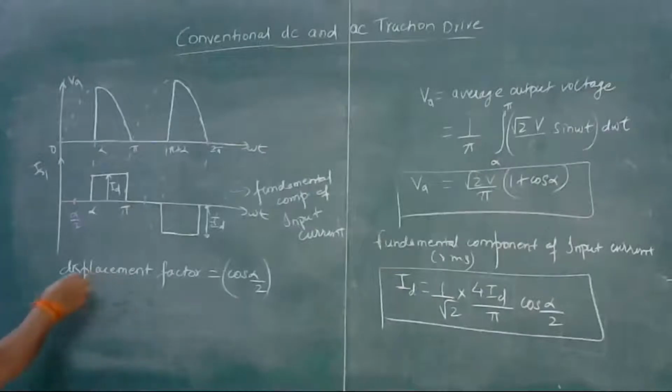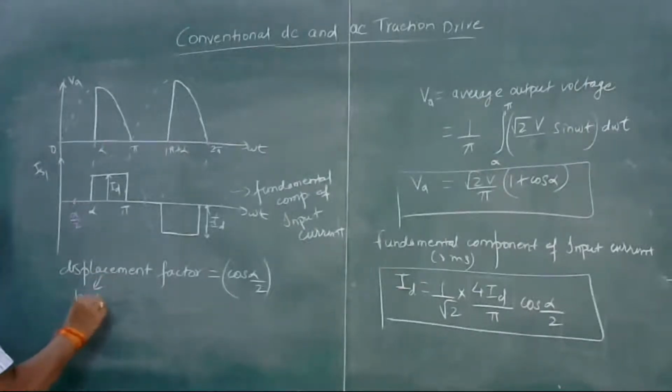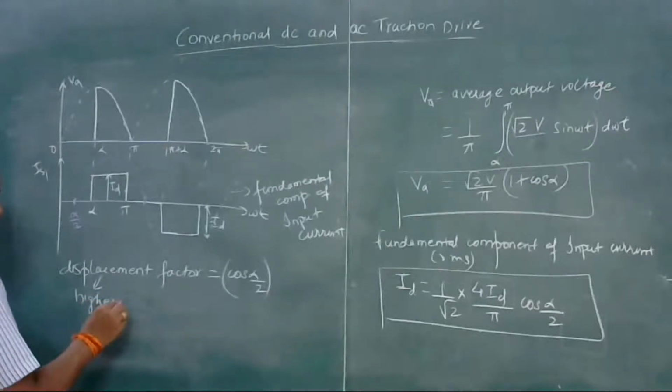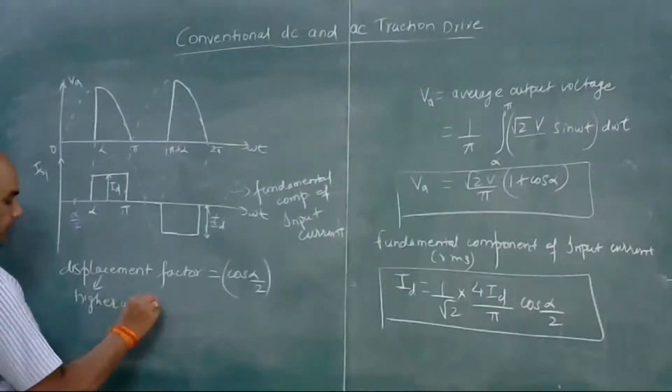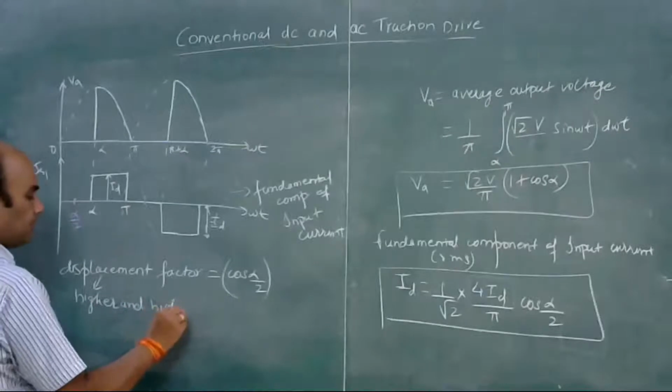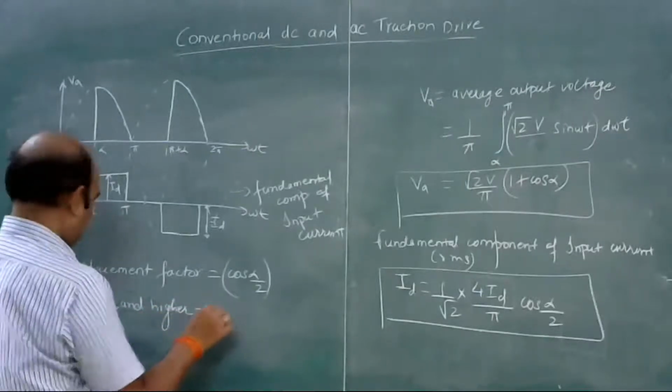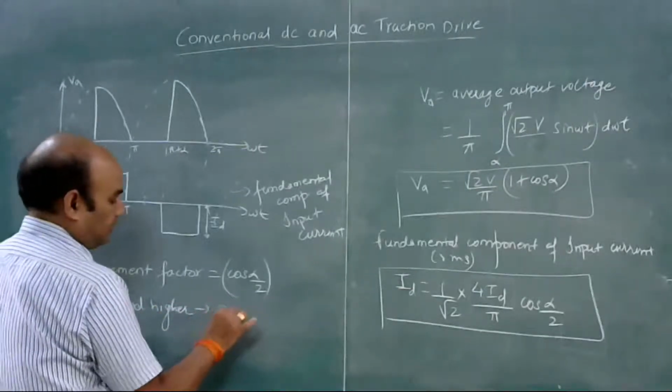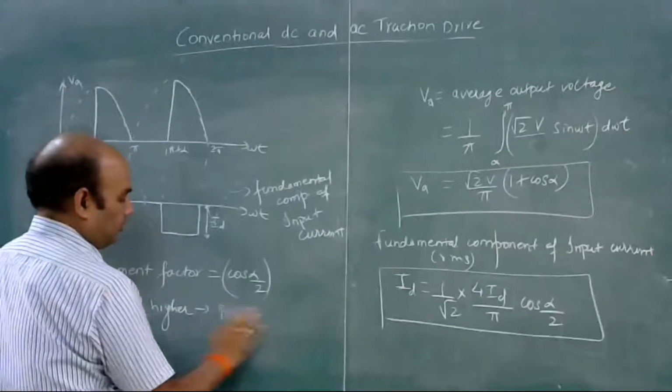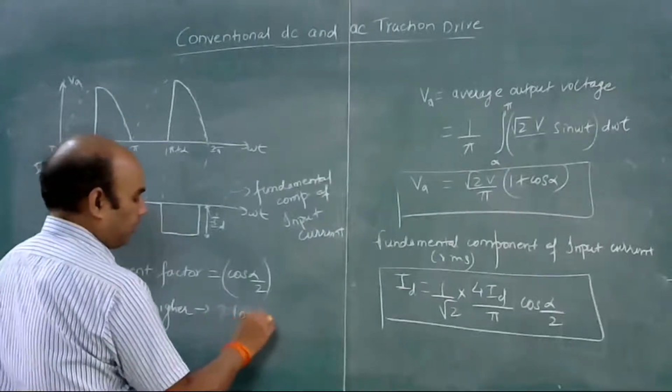So if the displacement angle goes higher and higher, it results in the power factor becoming lower and lower.